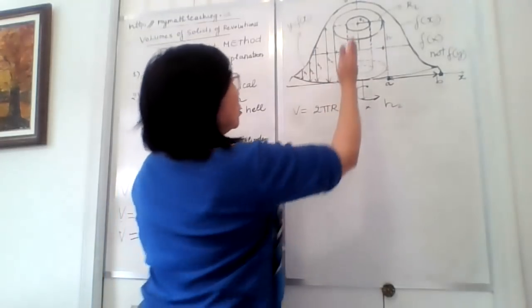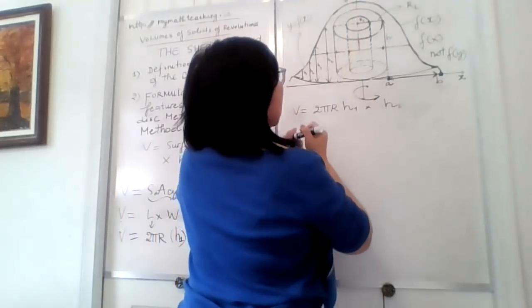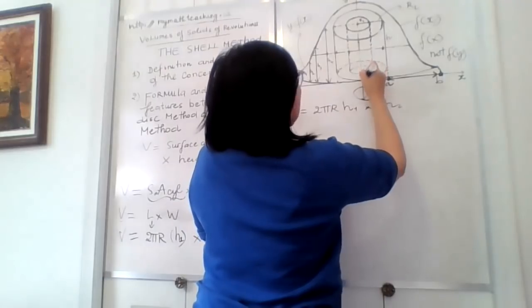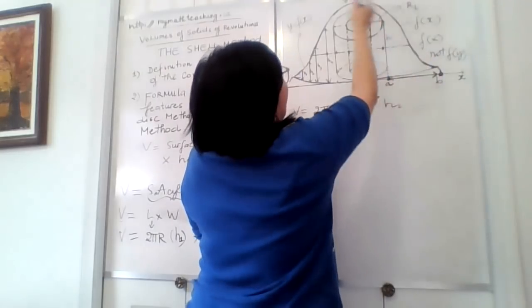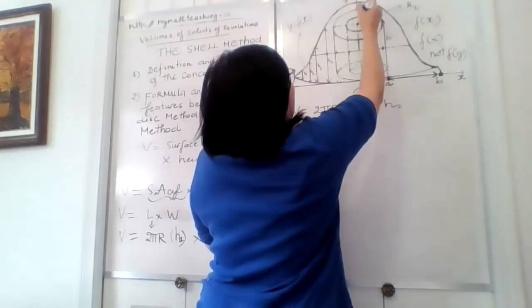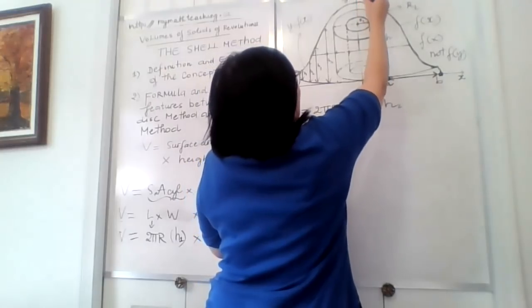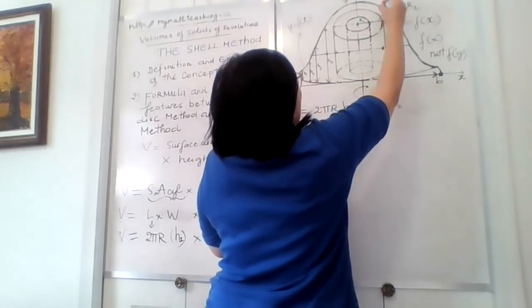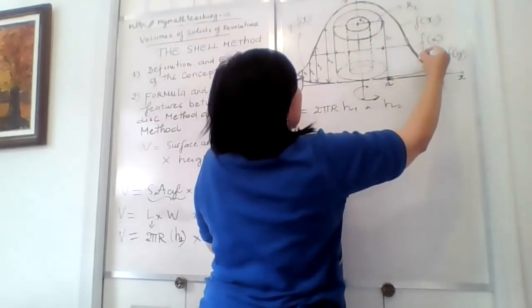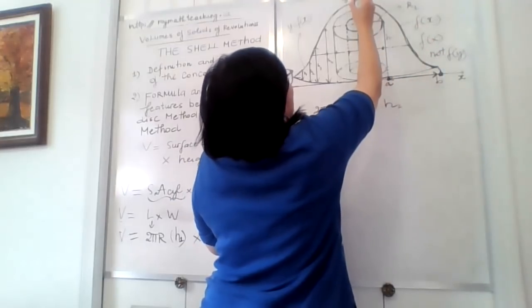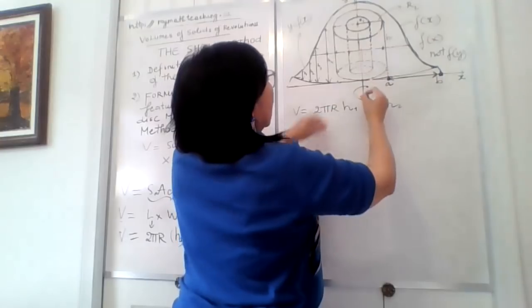So let's talk about just half. Usually we always talk about half of the function, right? When we build it, it becomes a whole thing, but actually it's half of the function. Let's say the function goes from here to here. This is the function, right? Let's talk about the half shape here, okay?